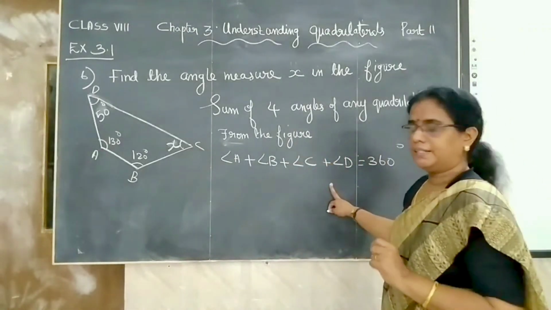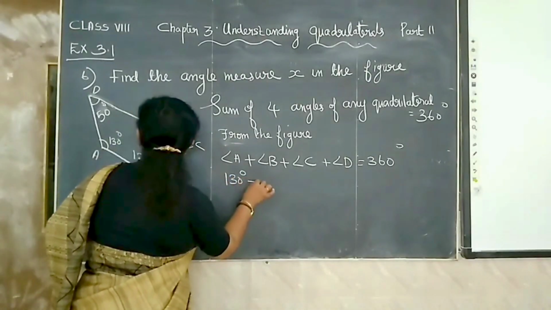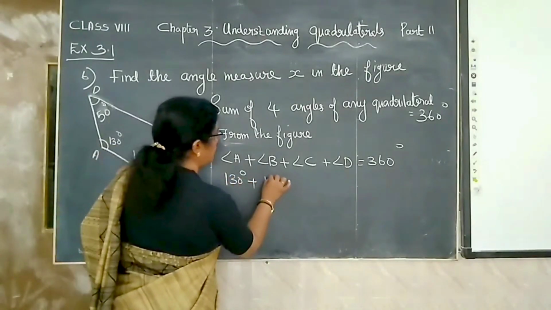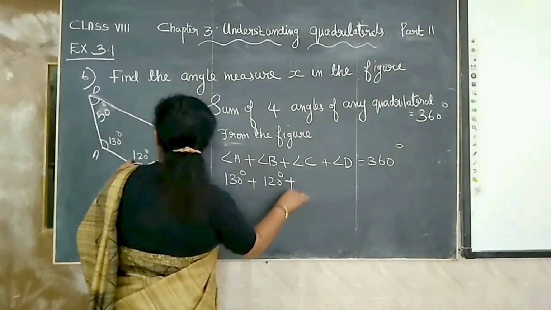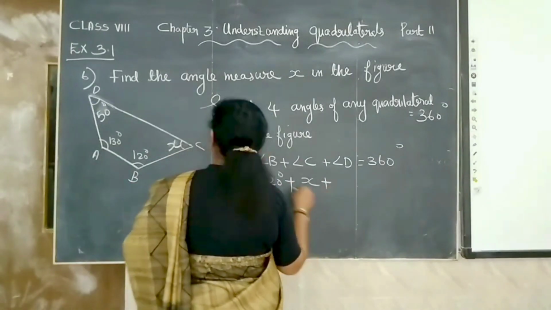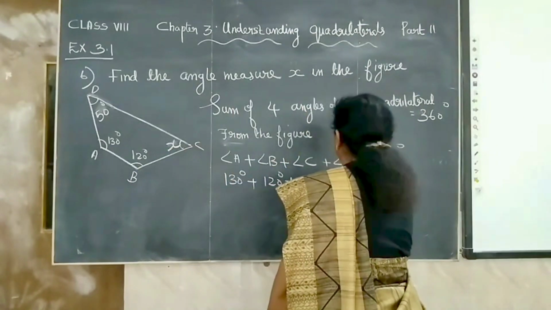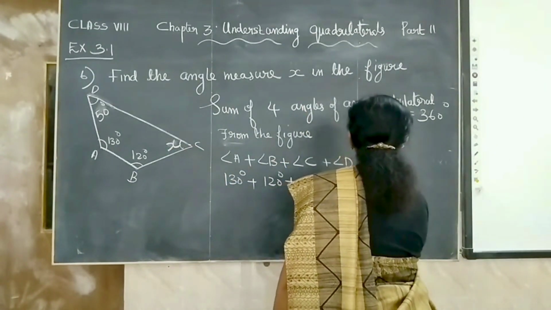And angle A is given as 130 degrees. 130 degrees plus angle B 120 degrees plus angle C, X, plus angle D, that is 50 degrees, is equal to 360 degrees.